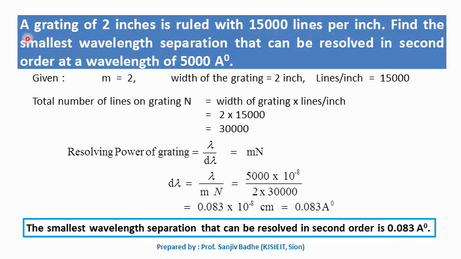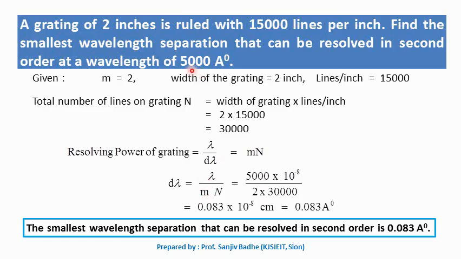So the total number of lines on the grating can be calculated. 15,000 into 2, that is 30,000. The total number of lines on the grating is 30,000. What is asked here is the smallest wavelength separation, that is d lambda is asked here. So resolving power is lambda upon d lambda, that is equal to m into n, and to calculate the value of d lambda we will just write it as lambda upon m into n.